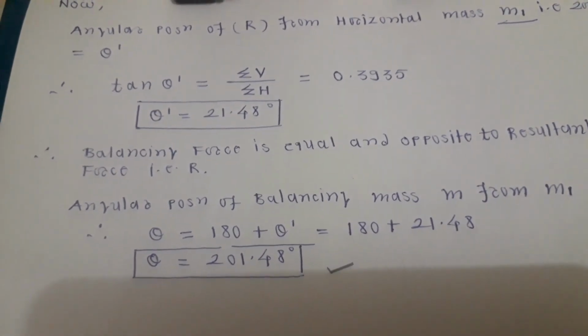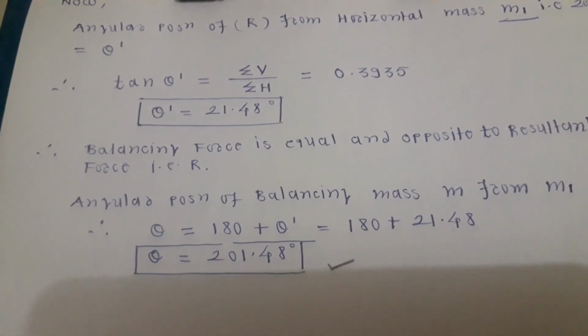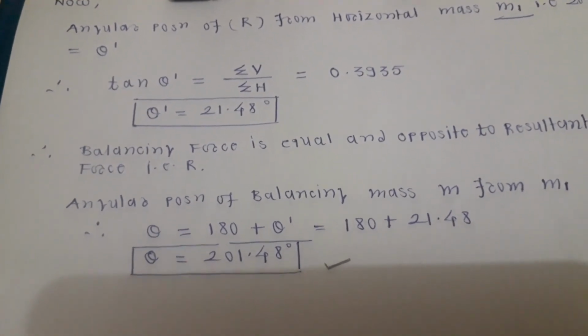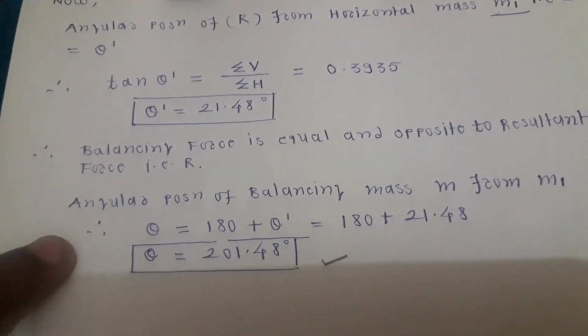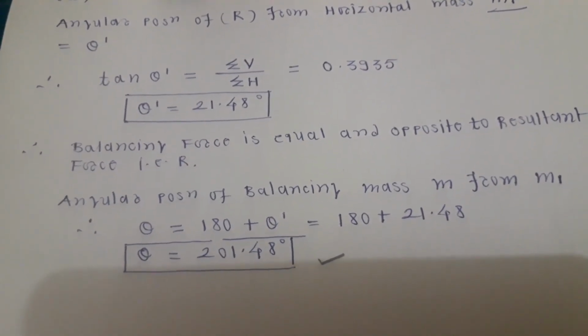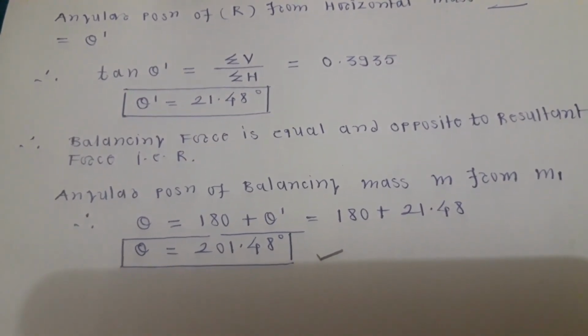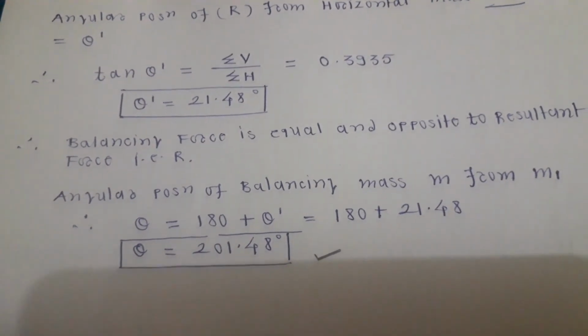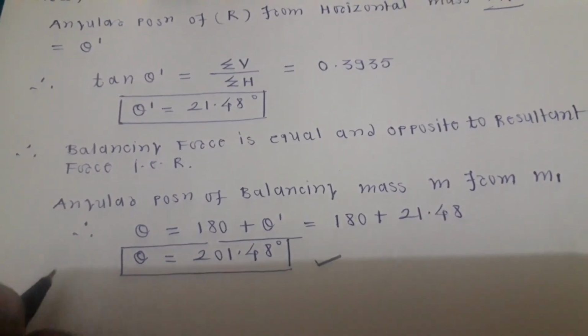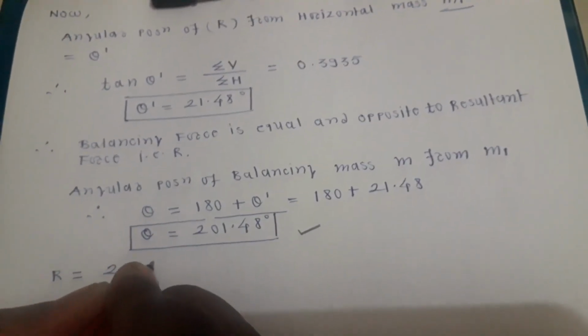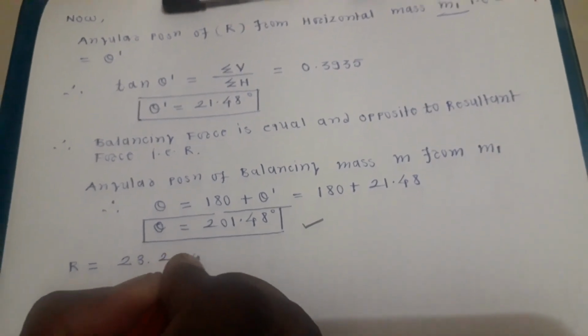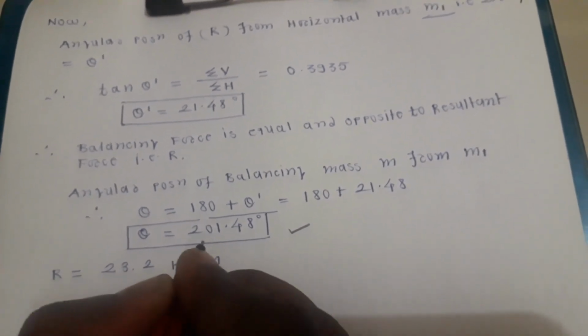Now in order to calculate the magnitude of this particular balancing mass, we know the magnitude of this resultant is 23.2 kg meter.